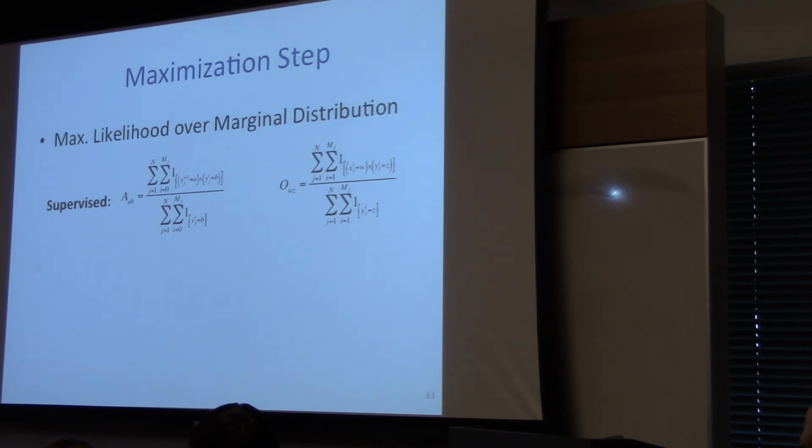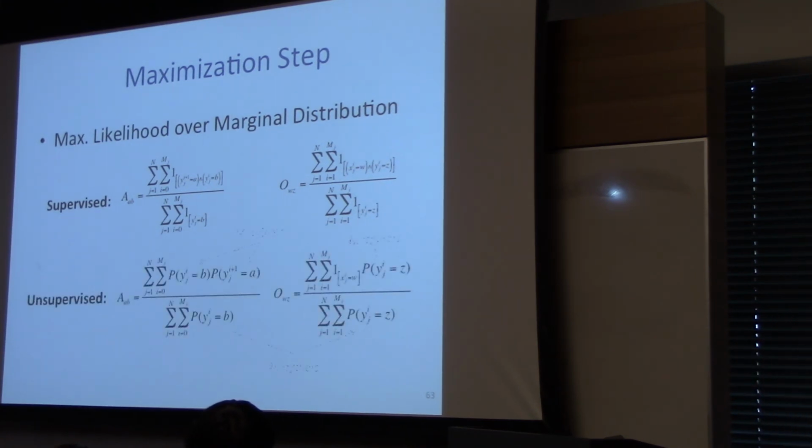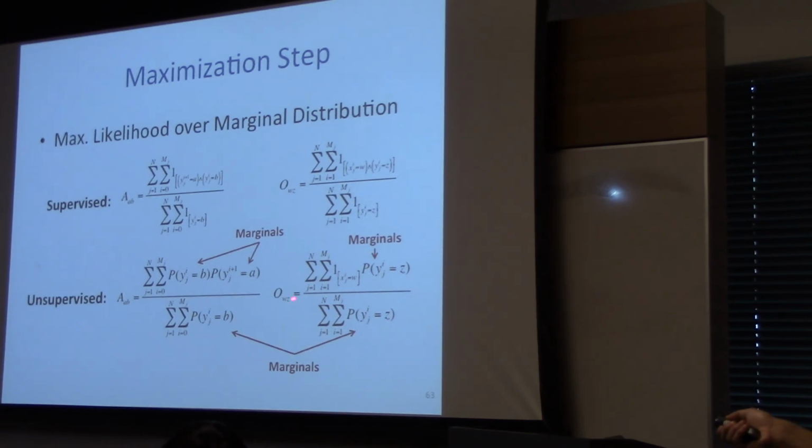So recall that this is the maximum likelihood estimate in the supervised case, right? We simply count the number of times we observe this transition, divided by the number of times we observe this state in any token in any sequence. For the observation matrix probabilities, we count the number of times we observe this part-of-speech tag and word pair, divided by the number of times we observe this part-of-speech tag, right? In the unsupervised case, we don't observe the y's, but if we had a previous A and O model, we can predict these marginals, which I assume that we can.